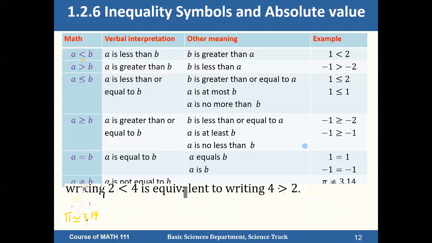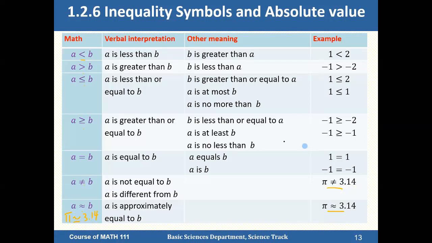This is an approximation. Pi is not equal to 3.14, but it's approximately equal to 3.14. So these are all symbols for inequality.